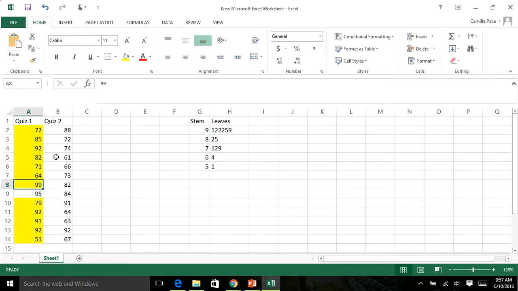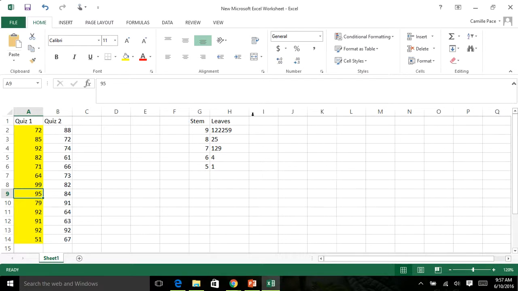Okay, I have talked about all the values in here. If you look at it, there's a lot going on in the 90s. I have 6 values in the 90s, 2 in the 80s, 3 in the 70s, 1 in the 60s, and 1 in the 50s. So that's how my stem and leaf plot would look.